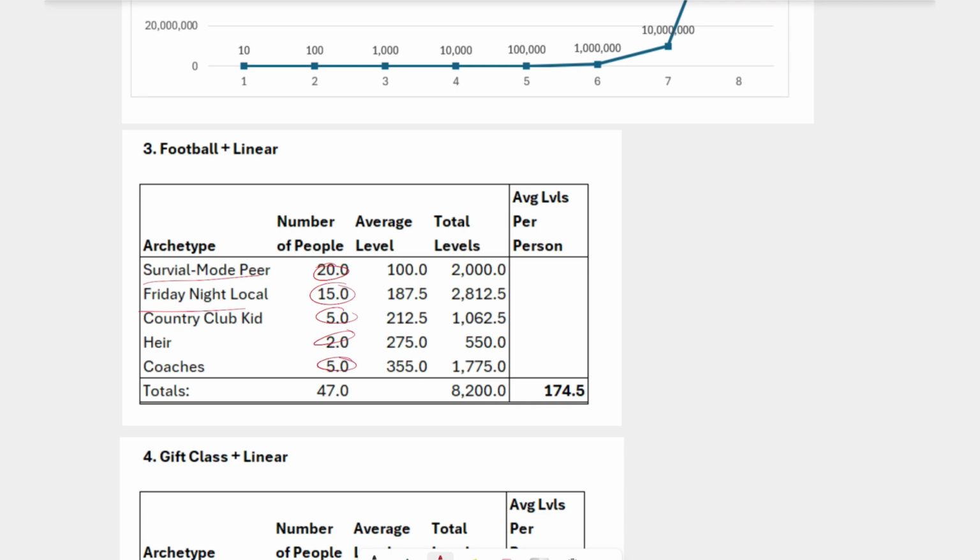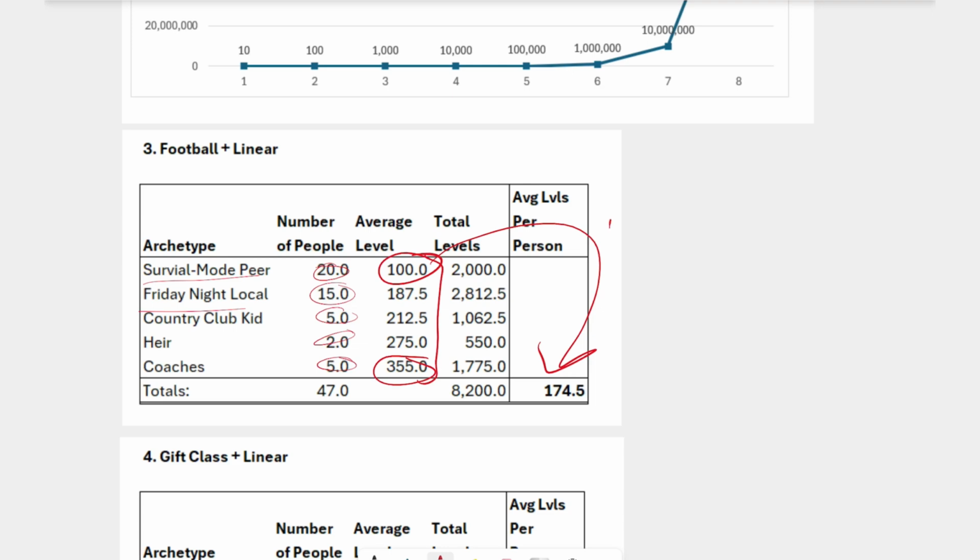And what we should recognize about the average levels here is that the coaches bring an exorbitant, a large amount of force to pull these survival mode kids up to an average consciousness of 174.5, which is truly incredible.